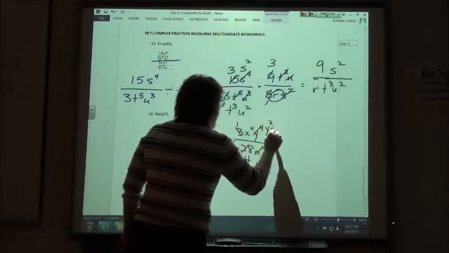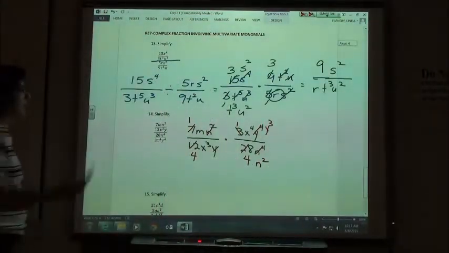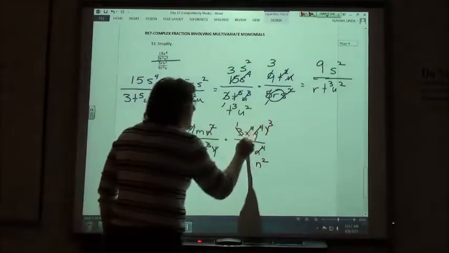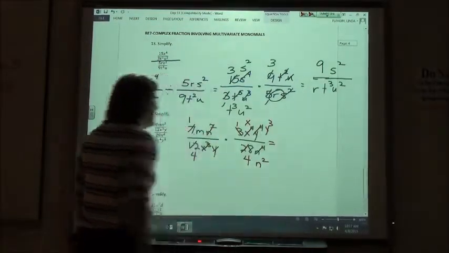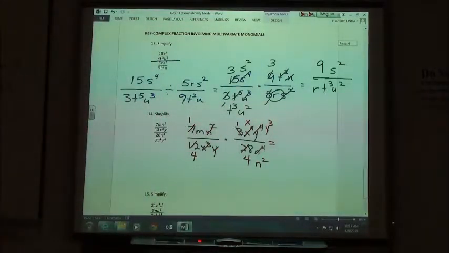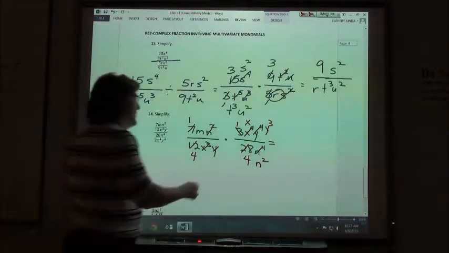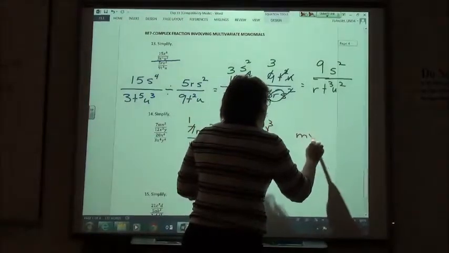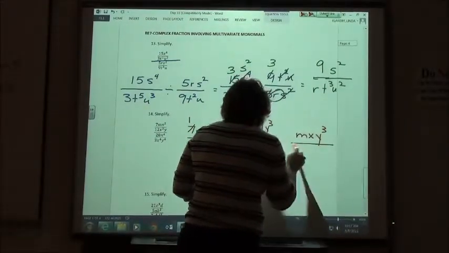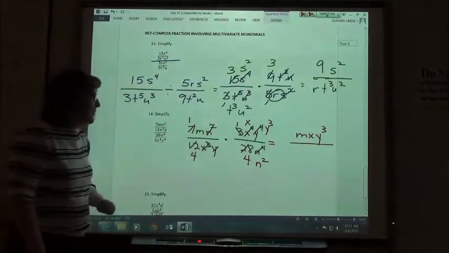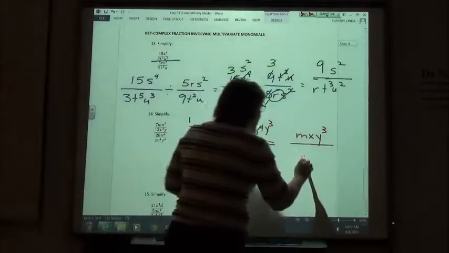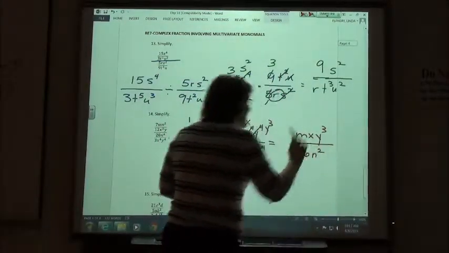Okay, we'll take out x to the third, which leaves us a plain x on the top. So, on the top, we are left with mxy to the third, and on the bottom, 16n squared. Exactly.